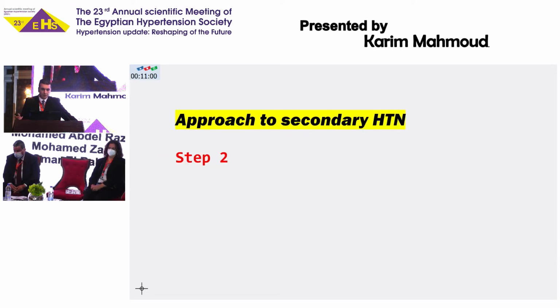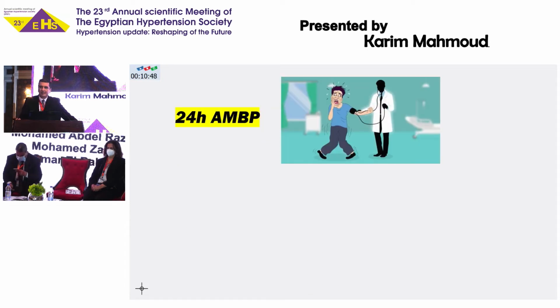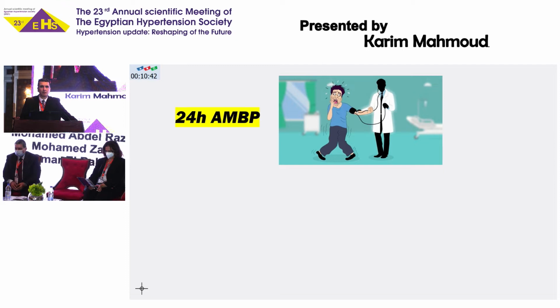So the first step is the clinical background. It's very important. The second step is to do a 24-hour ambulatory blood pressure. It's very important and very crucial in identification and diagnosis of secondary hypertension. It can exclude multiple fallacies encountered during office blood pressure reading, such as white coat hypertension.